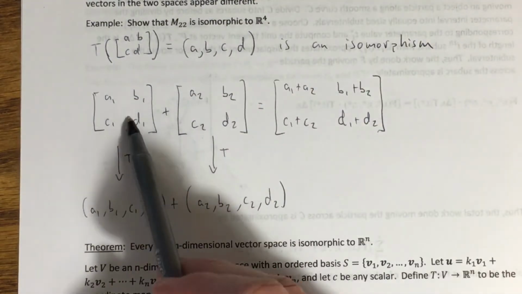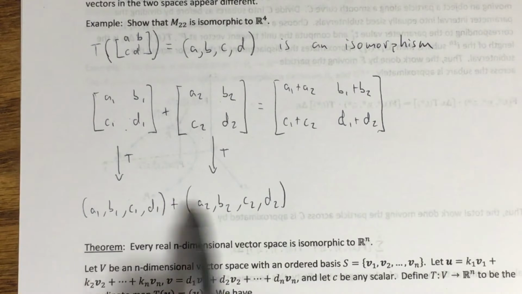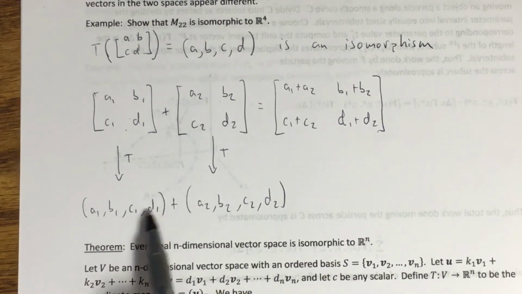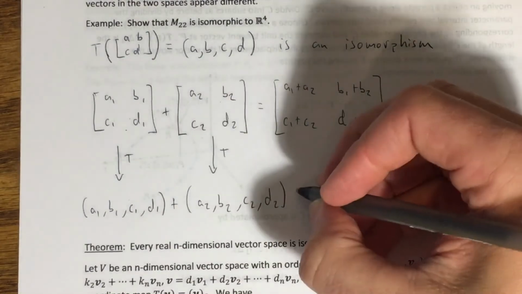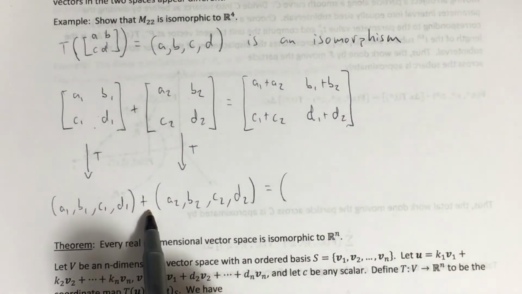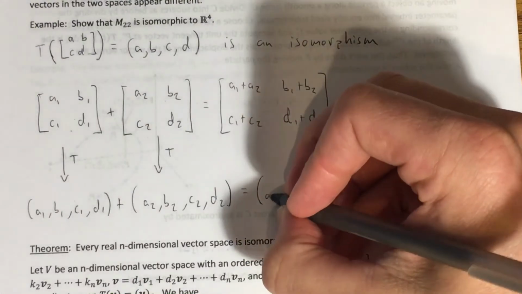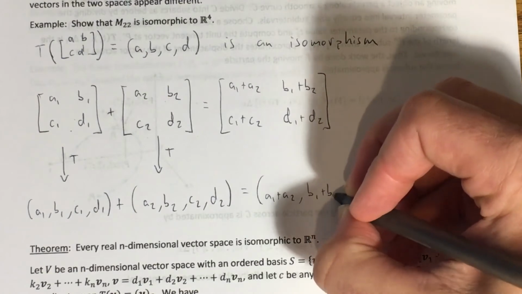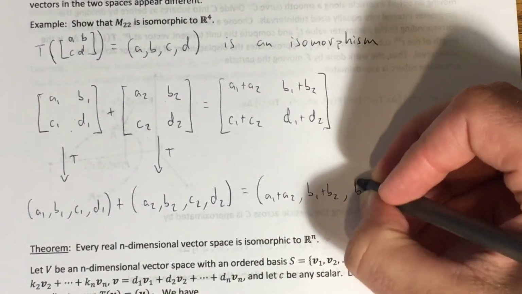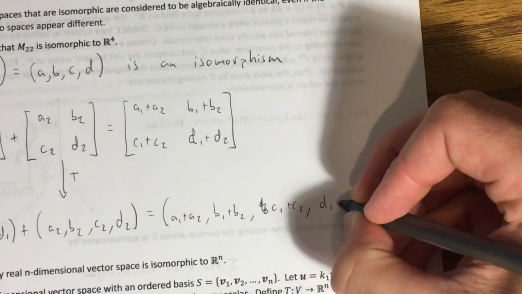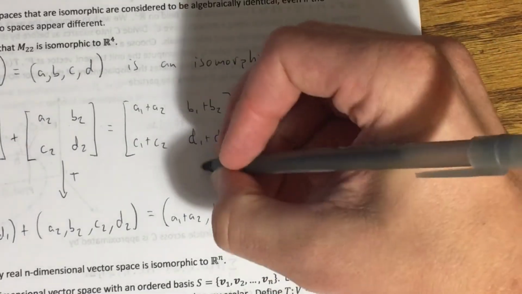So when I map these things to these ordered four tuples, if I were to add them using the addition that's defined on R4, I add component-wise: A1 plus A2, B1 plus B2, C1 plus C2, D1 plus D2, right?